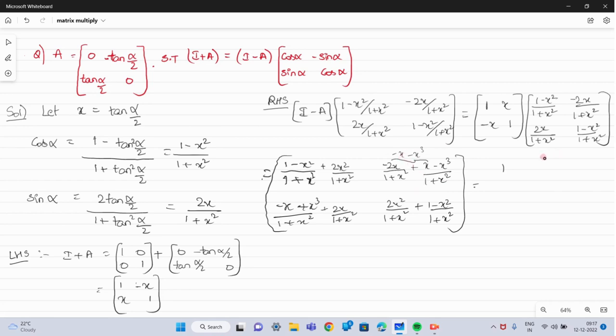Just cancel with the denominator. You'll remain with minus x. Similarly here, minus x plus 2x becomes x, plus x cube. Take x common and cancel with the denominator. x will remain. Here, 1 will remain. Now just compare with LHS. Is it equal? Yes. So LHS is equal to RHS, hence proved.